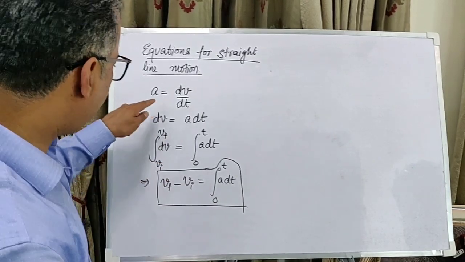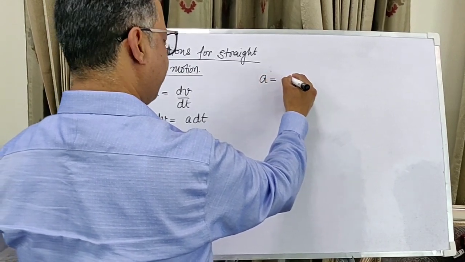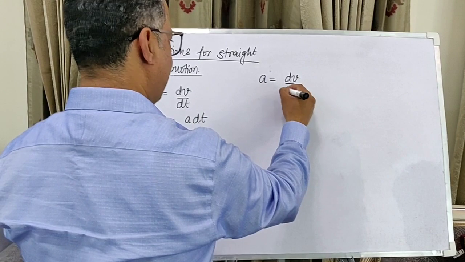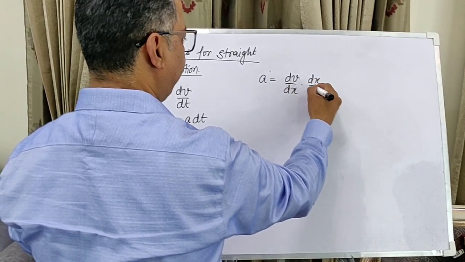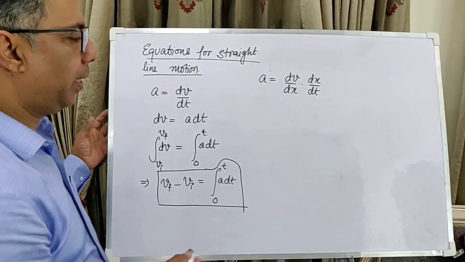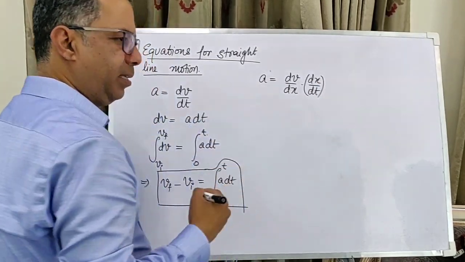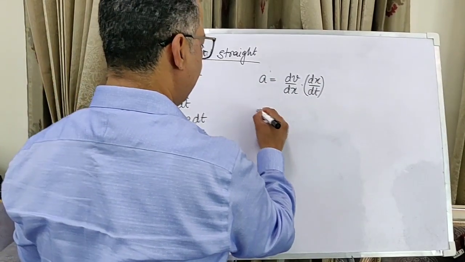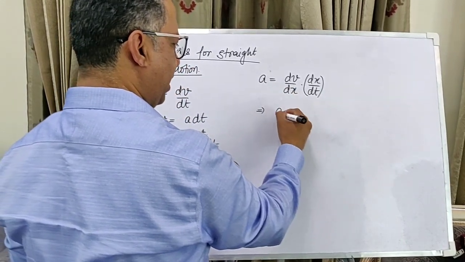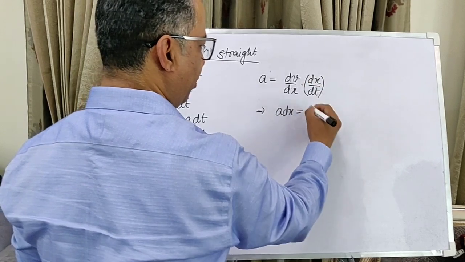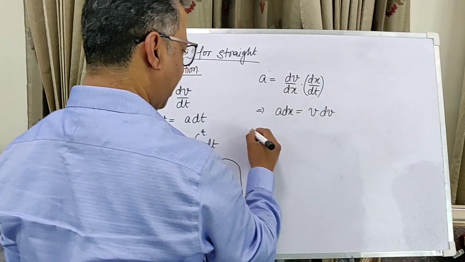Now another thing we can do here is we can express a as dv by dx into dx by dt. I've just multiplied and divided by dx. Remember, this is v, and so we have a dx. We bring this dx onto this side. A dx equals v times this dv.